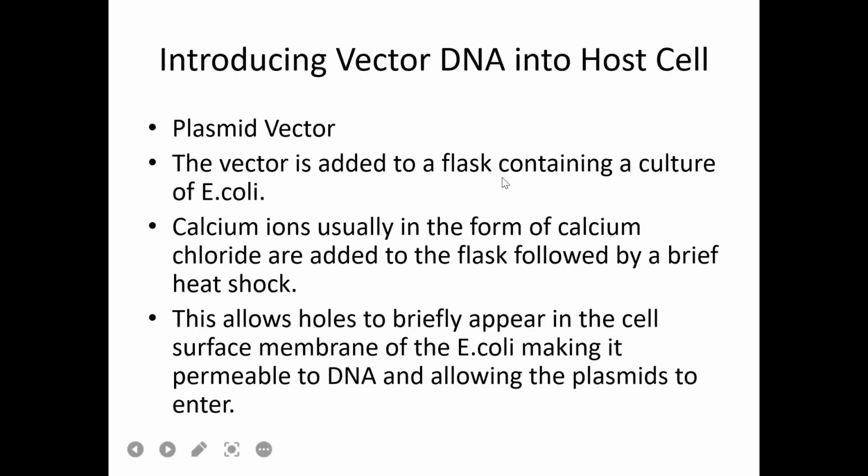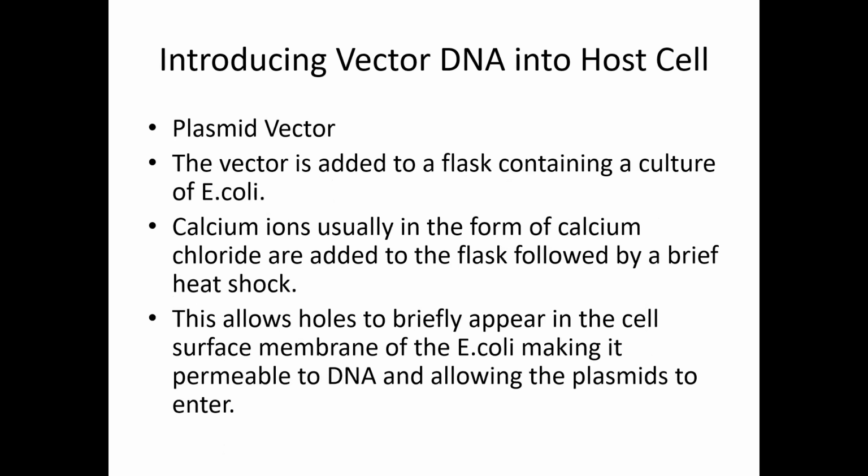Now, the vector is ready with the gene of interest. So that vector or the plasmid of a vector has to be introduced into the host cell. How can it be done? Plasmid vector: the vector is added to a flask containing a culture of E. coli.